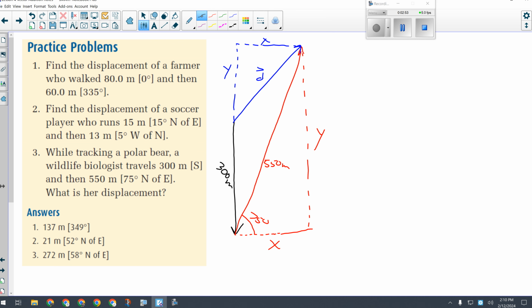Doesn't go east or west, it goes south. So its x component is 0, right? So I can basically say the x component of that black vector is 0 meters, and the y component of that vector is 300 meters south. I don't have to do any trig for a straight vertical line. It doesn't make a triangle. Everybody all right with that?